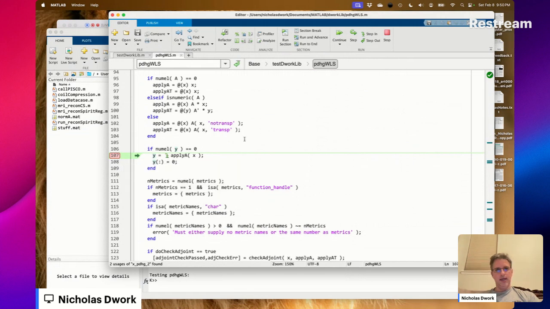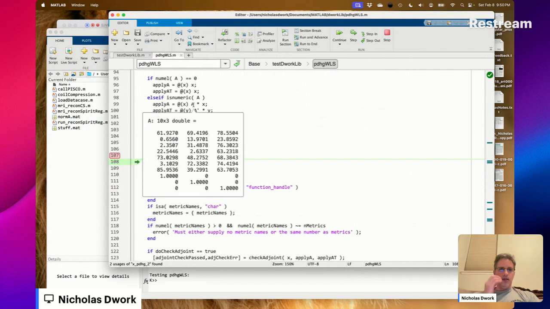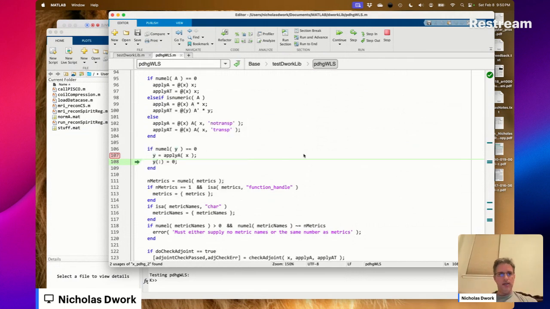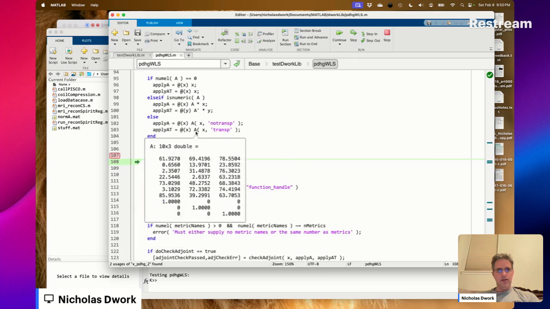A is 10 by 3. That seems right. So, wait, A is 10 by 3, right: 7 by 3 and then 3 by 3.